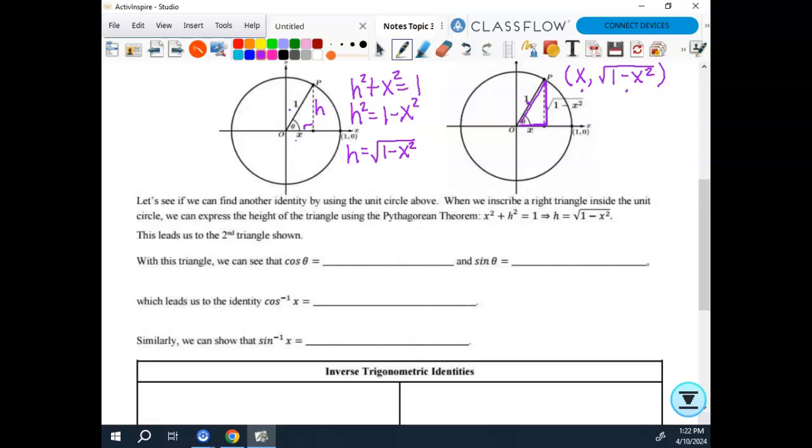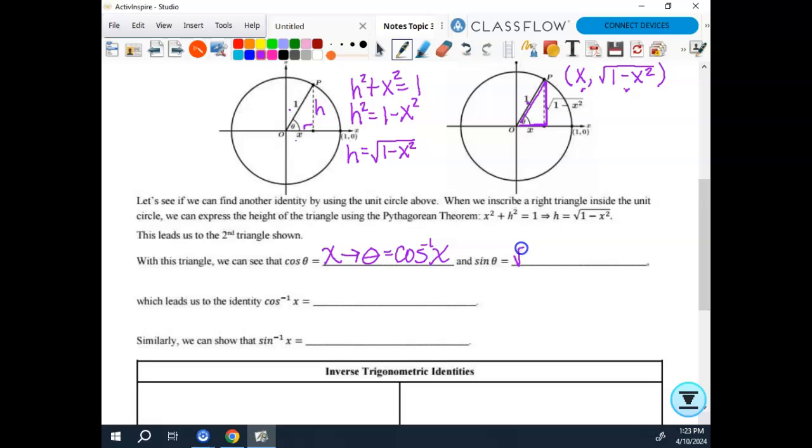with this triangle, we can see that cosine theta is equal to x, because it's my x value. Therefore, if I want theta, I take the cosine inverse, and it's equal to the cosine inverse of x. Right? Sine theta is my y value.